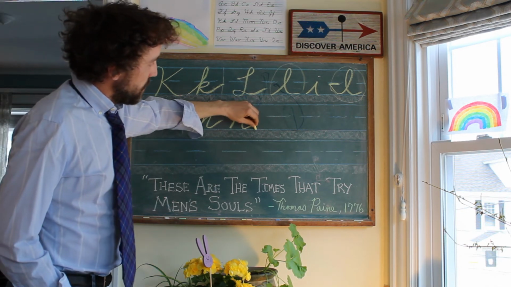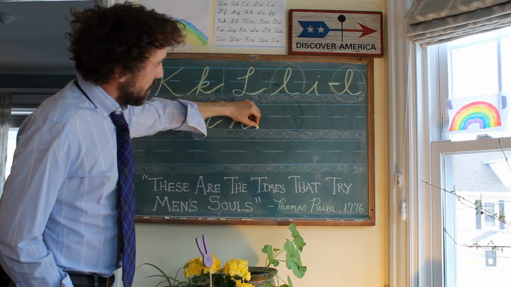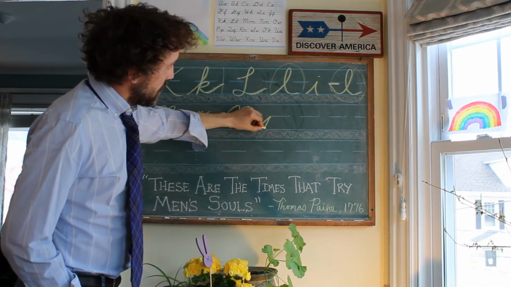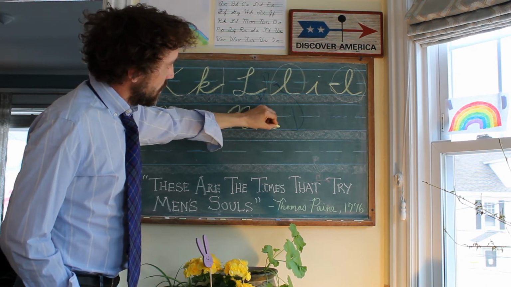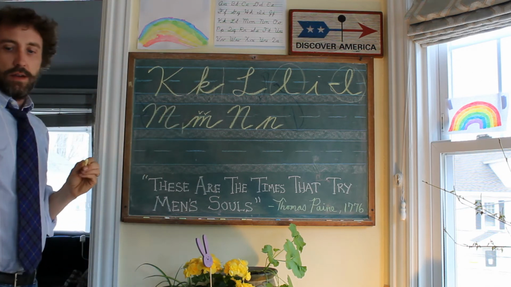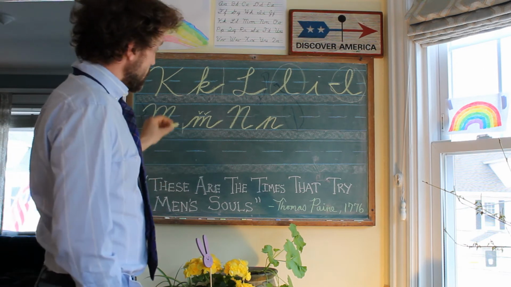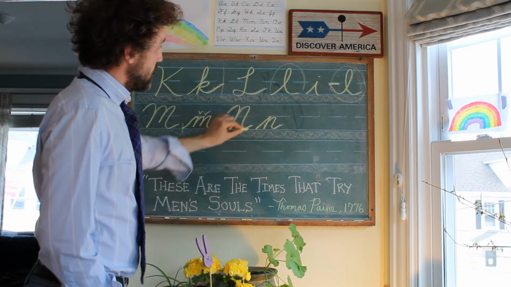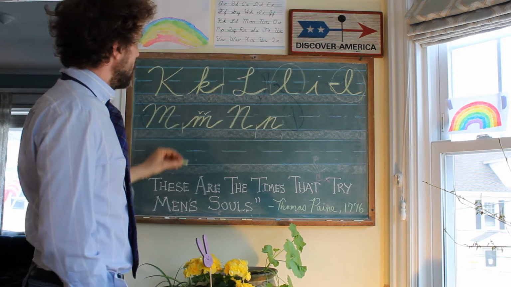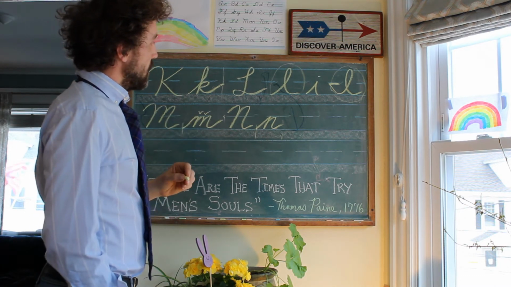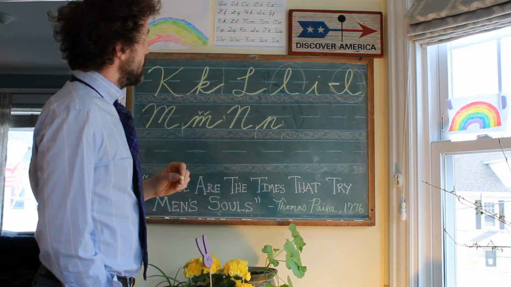You start at the bottom, and there's your lowercase n. So it's just like the lowercase m, one less hump. You still have your connection points there to connect it to the next letter.